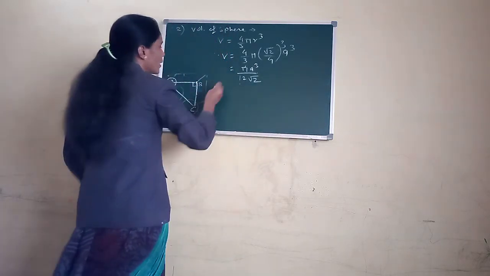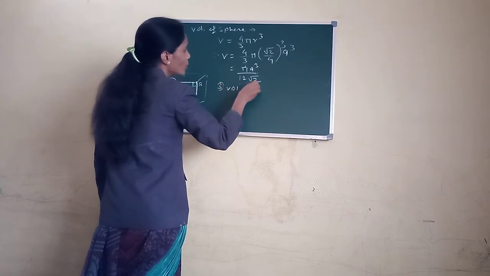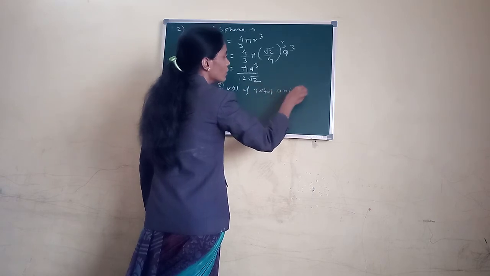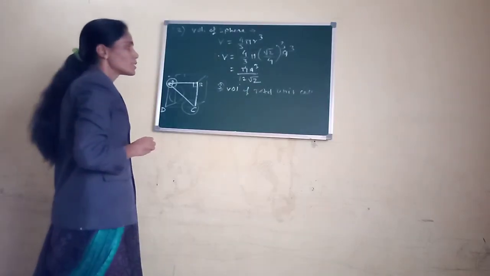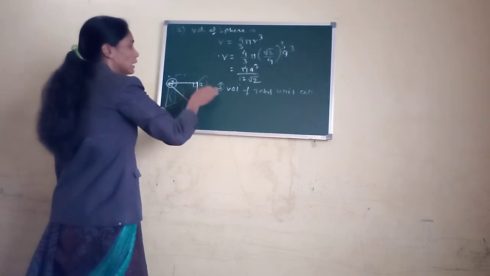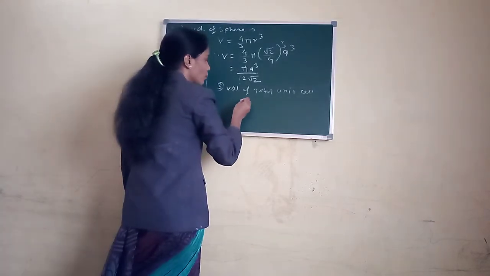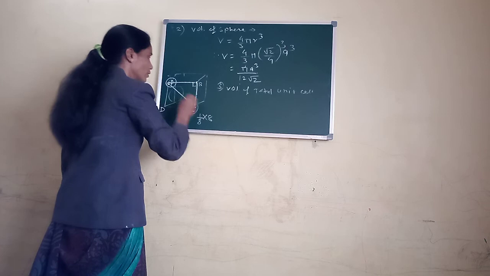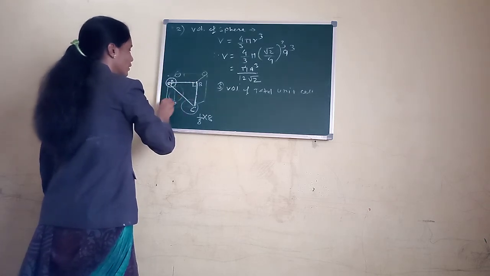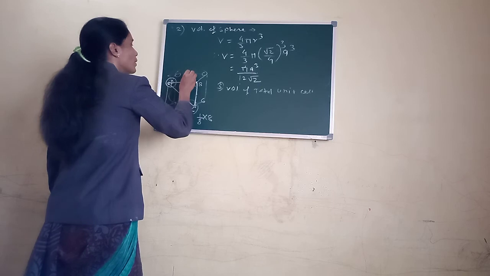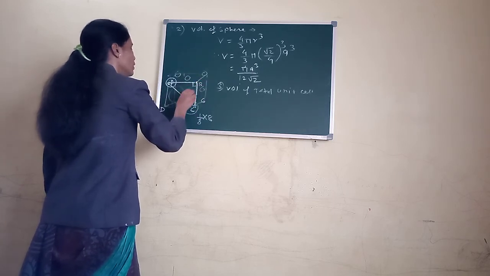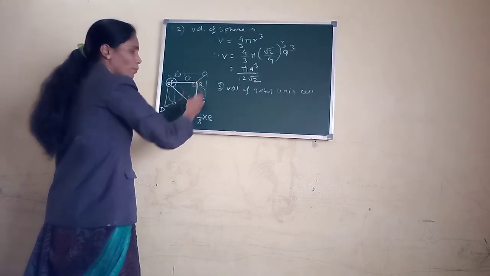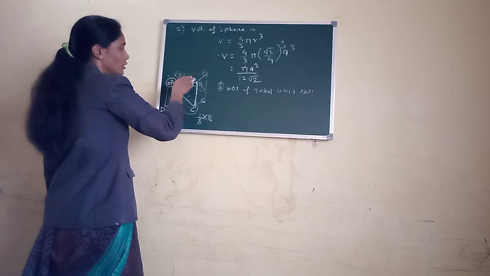Then the third step is the volume of the whole unit cell. In FCC there are 4 particles: 1/8 into 8 corners, and 6 faces each having one particle, where each face particle occupies half position of the unit cell.